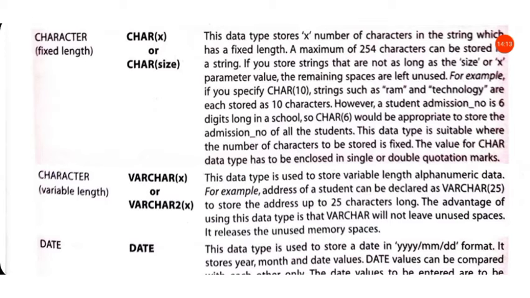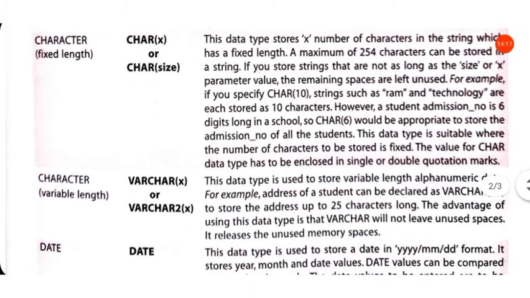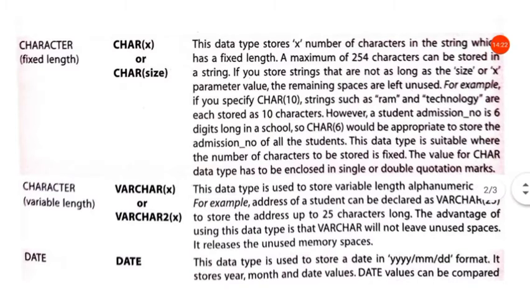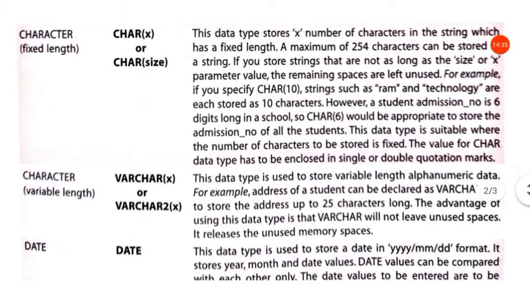Suppose we are using a column grade. We are giving C, D, E, F, and here the size of that particular column is only 1 byte. It uses only 1 byte for storing, so the size is not changed, it is not variable, only a single character is stored in that column.